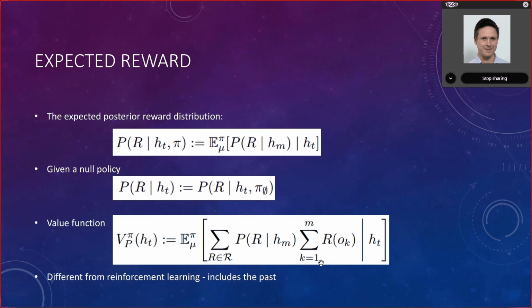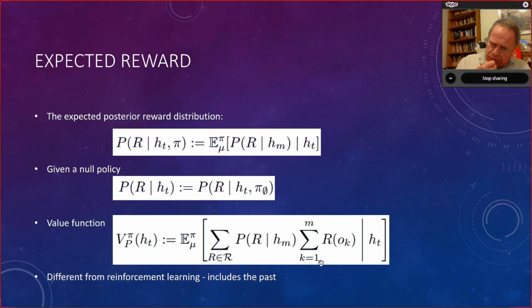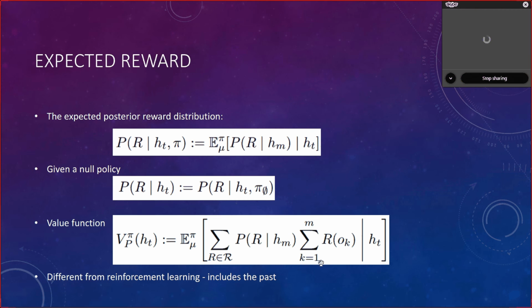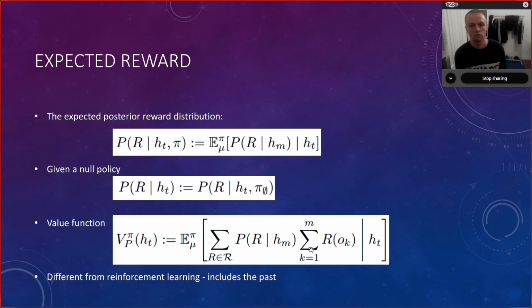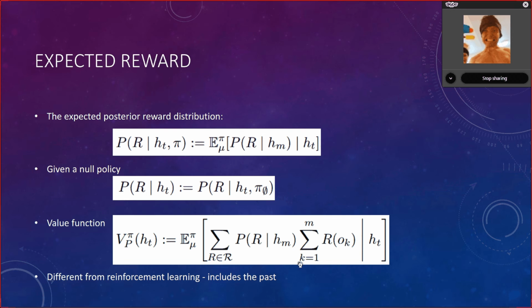But the other way the AI can do this is by learning about the reward function in a way that turns its early bad actions into not so bad actions. This will be explained in more detail, but this is the difference from reinforcement learning.